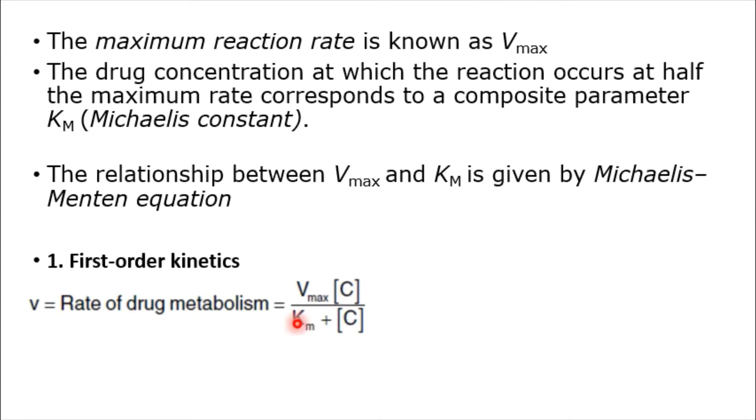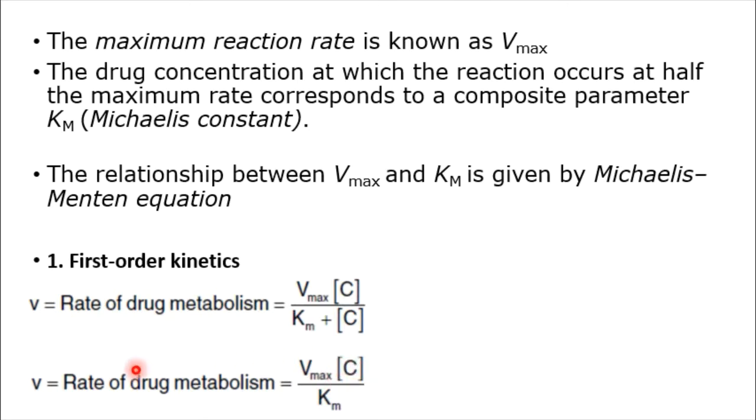In the case of first order kinetics, the drug plasma concentration is much less than the Km. Therefore, the equation can be rewritten as Vmax multiplied by plasma concentration over Km. Since Vmax and Km are constants, increasing plasma concentration will increase the rate of drug metabolism.